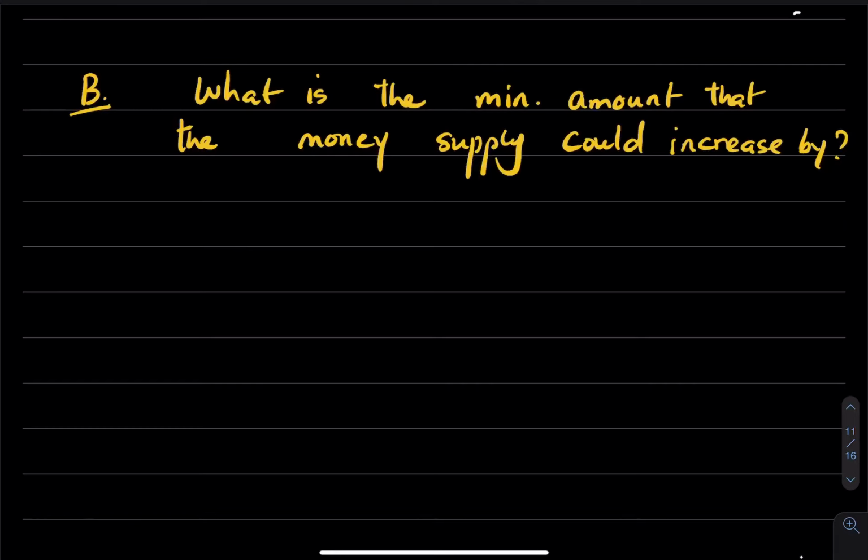If your bank makes no loans from your deposit, then currency falls by $50 and deposits increase by $50, and the money supply wouldn't change.